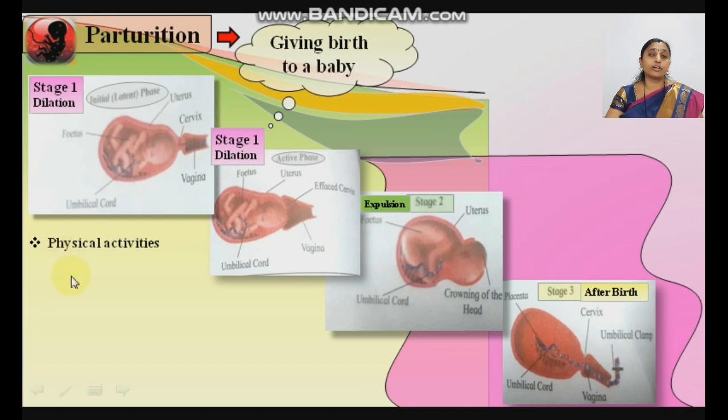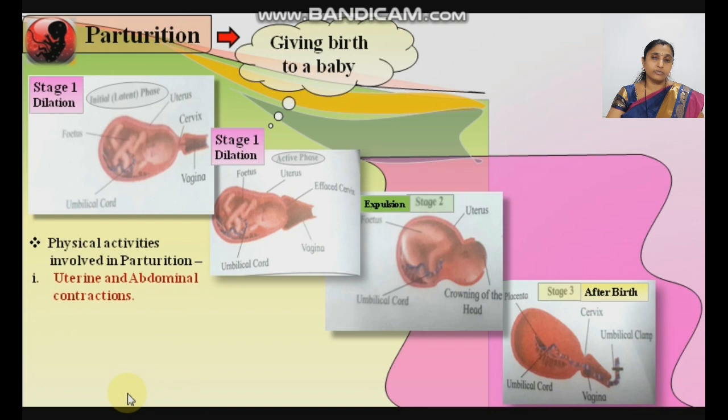Along with the uterine contraction, abdominal contraction also takes place. The cervix and vagina get dilated and the baby is pushed head downward, forward towards the vagina. See here, uterine and abdominal contraction, physical activity. Second, dilation of the cervix and passage of the baby through the vagina.